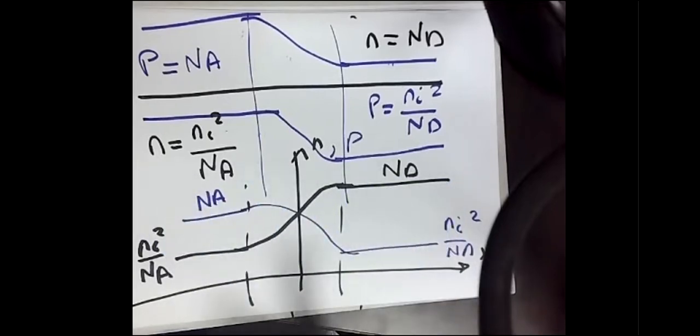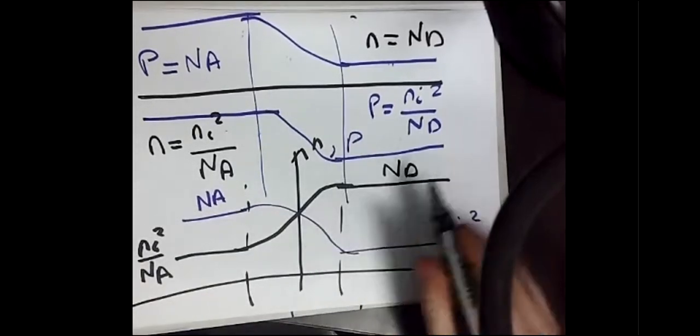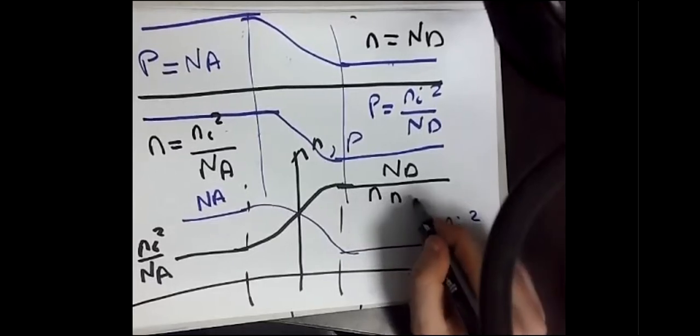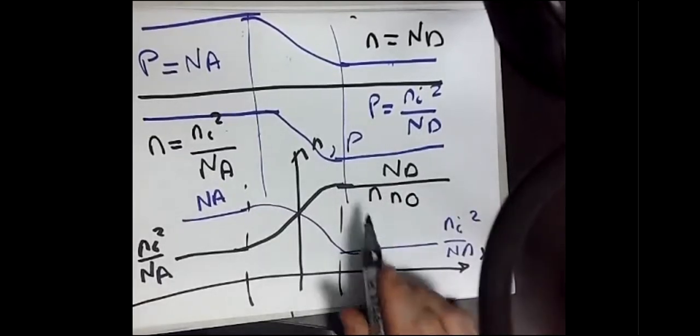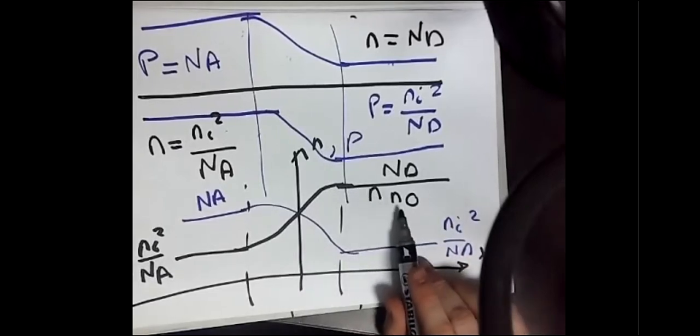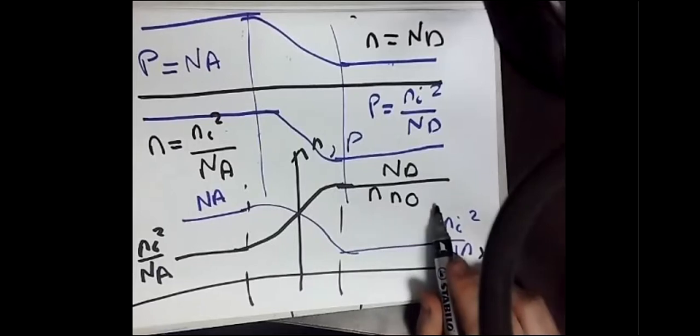In order to make a standard terminology for this, please concentrate. We will call this N node. What is N node? N is the number of electrons, the small n is the n side, and node, if you remember, is due to equilibrium.